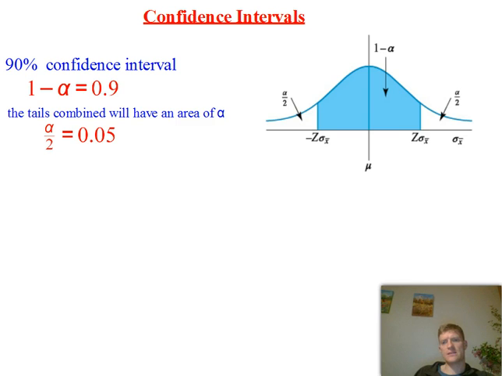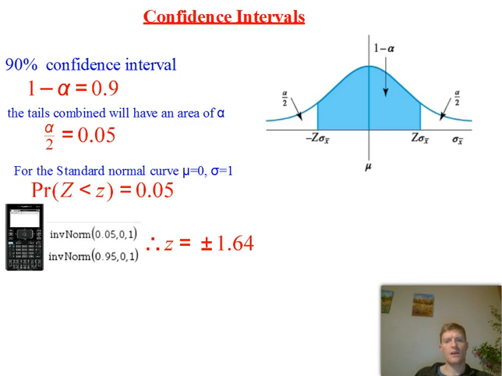If the whole lot is 10%, then half of it must be 5%. Alright, so what's the corresponding Z number that matches with this 0.05 probability in one of the tails?